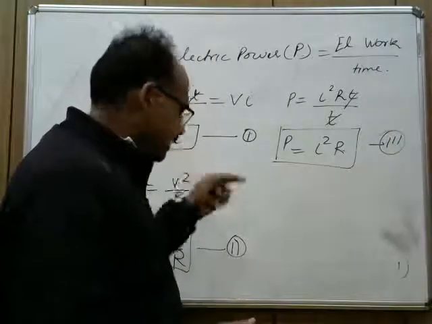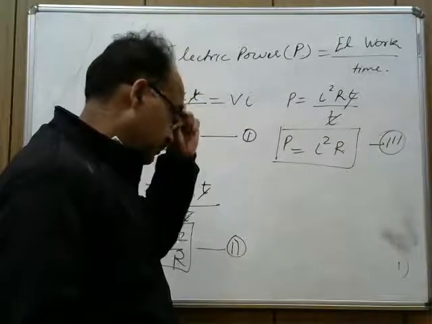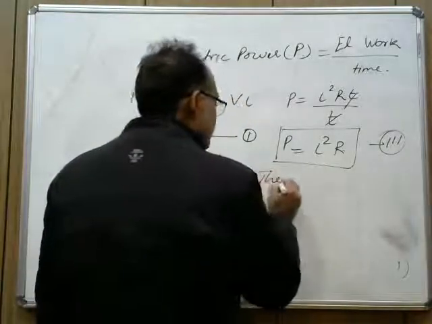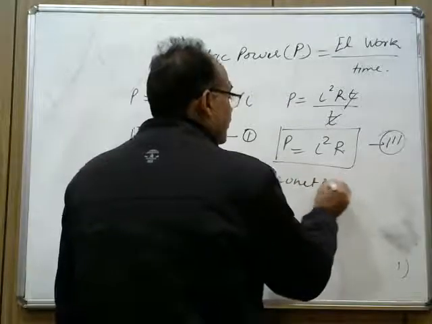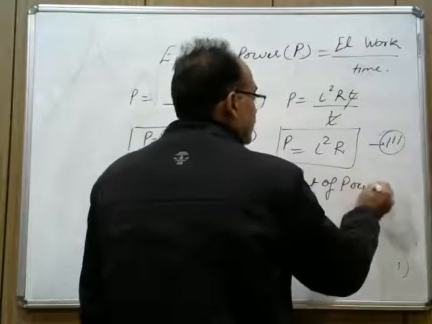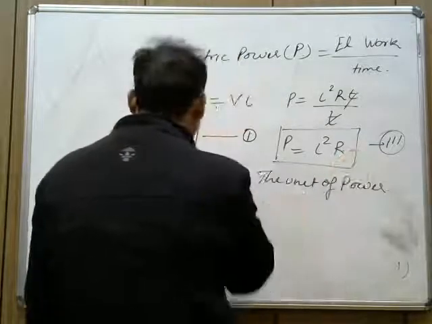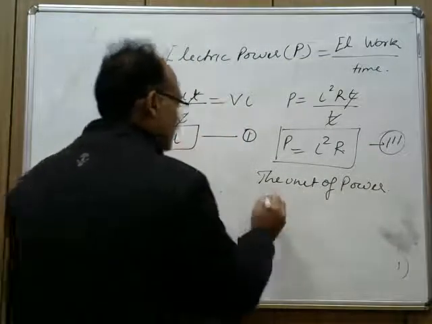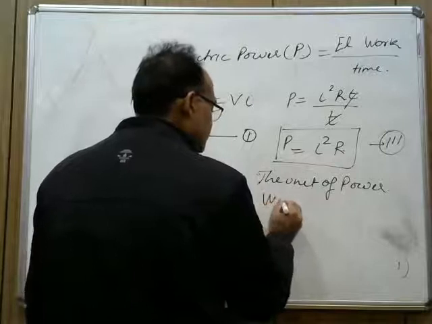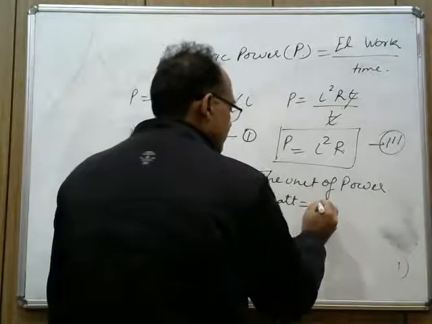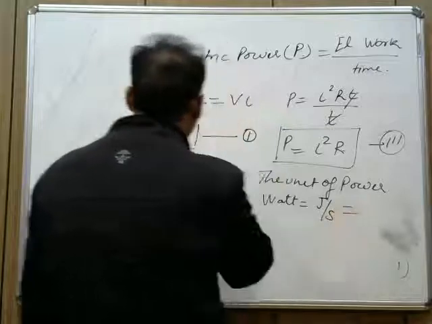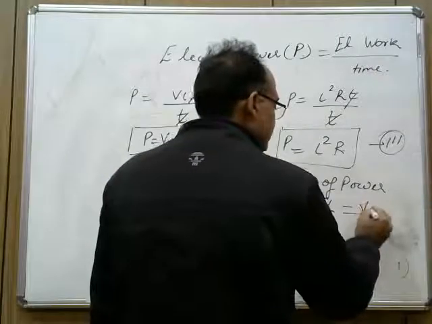Now from these three formulas, we can write the unit of power: watt, which is joule per second, and third is volt ampere.